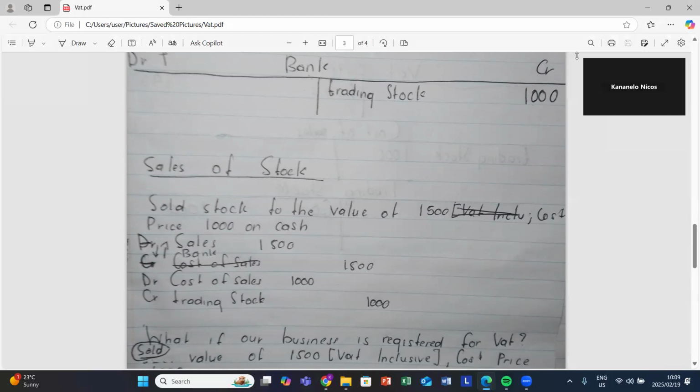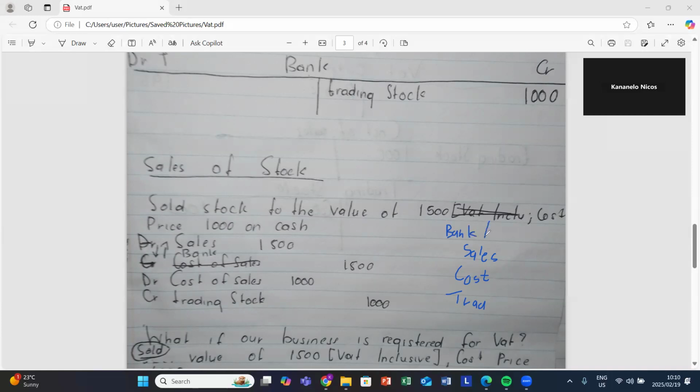We said that when we sold our stock, these are the four accounts that are always affected. The first one, the second one is sales, cost of sales is our third one, and then also trading stock. And then this one is bank. If ever we sold our trading stock on cash, we are going to debit bank.